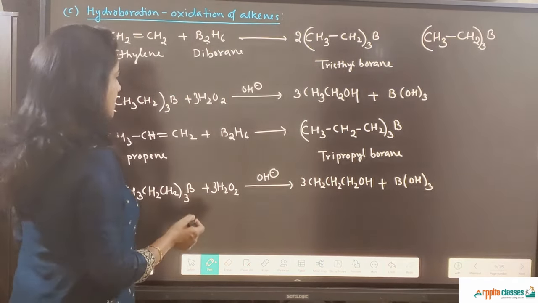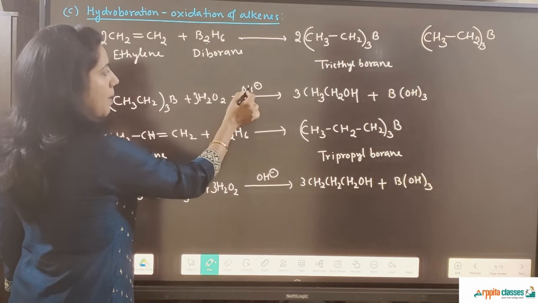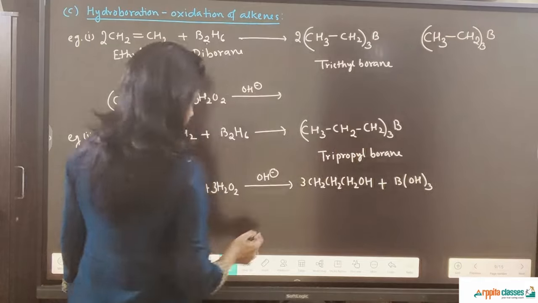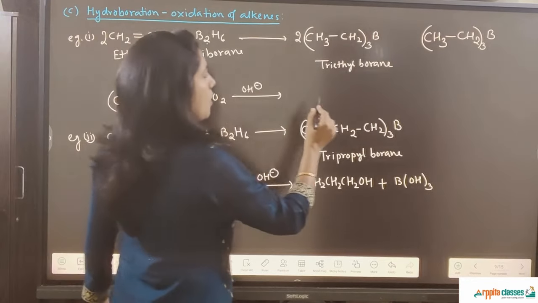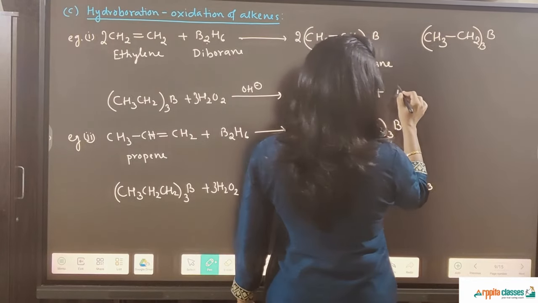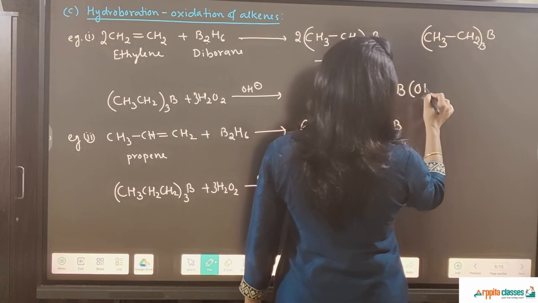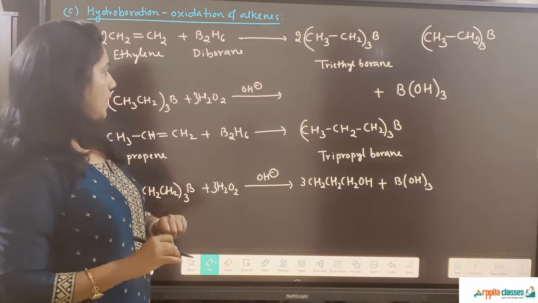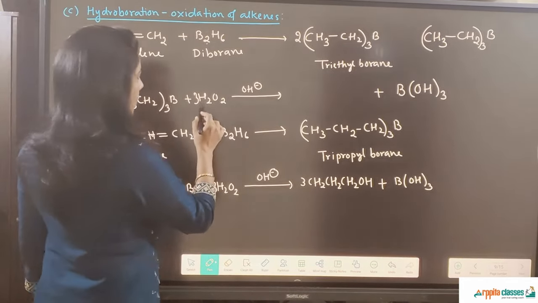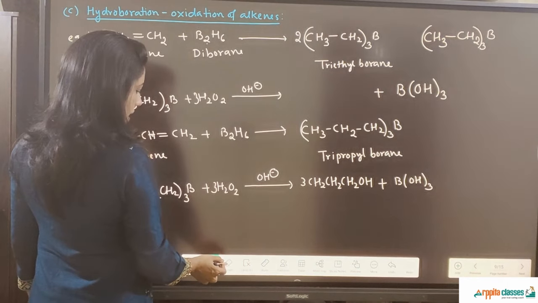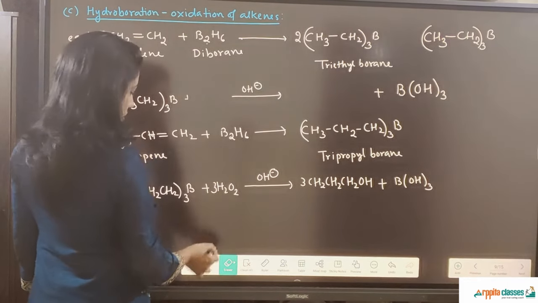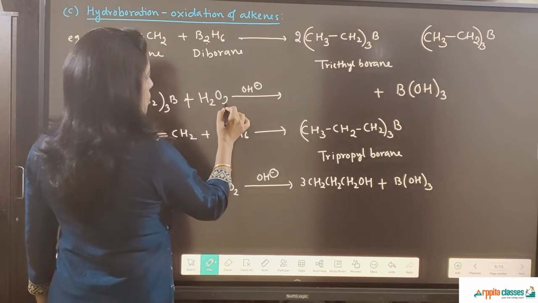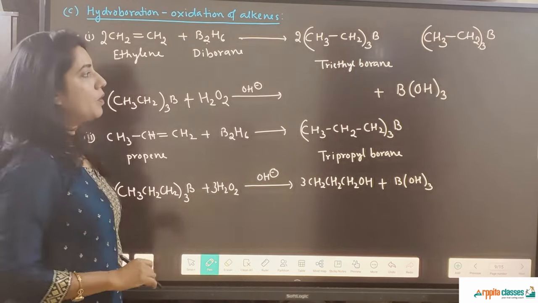So what happens, see, this boron will come out with this OH. I'll just show you how this is happening. This boron is coming out with OH. You know that the valency of boron is 3. So OH whole thrice it will be. So there are 3 OH, and I'll just rub this out so that you understand the balancing part. So it has come out with 3 OH.